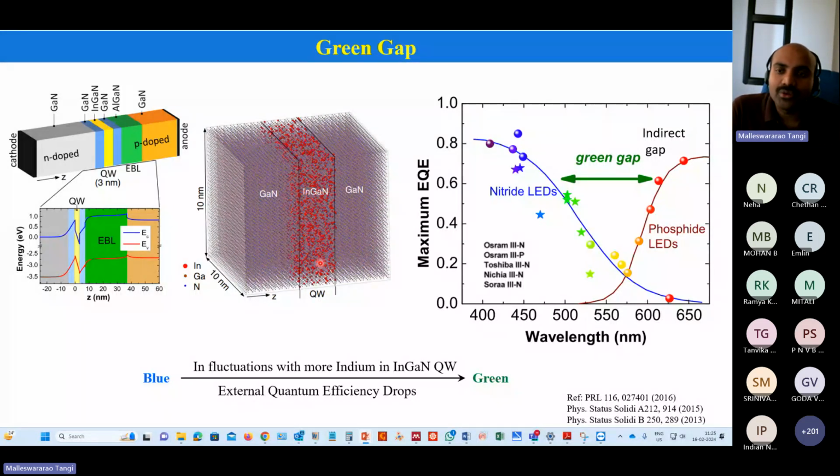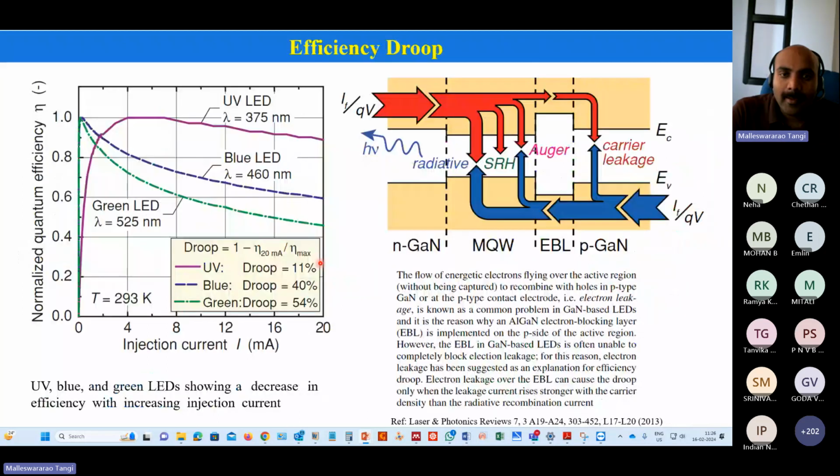Because of these two problems, in the green wavelength regime, green LEDs have very low efficiency. So this is the problem when we want to mix blue, green, and red LEDs. Since green LEDs are low efficiency, it is difficult to get highly efficient white light emission out of this mixture. That is one of the problems.